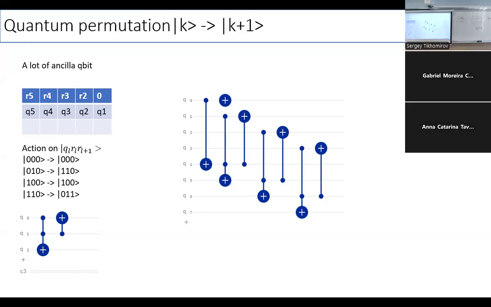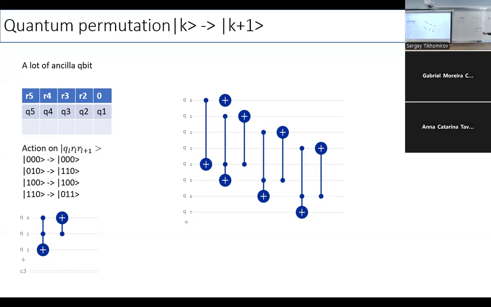Ah, okay. I see. No, this is Q0, Q1, Q2, Q3. So this is not Q1, Q2, Q3, Q4. This is Q0, Q1, Q2, Q3. And I'm adding +1. Yes?